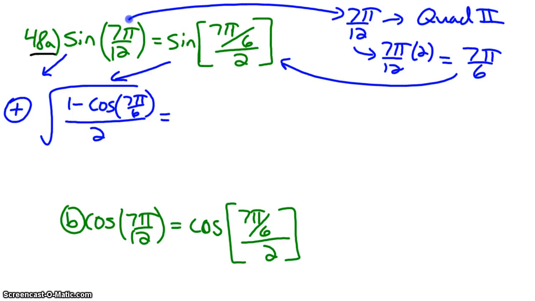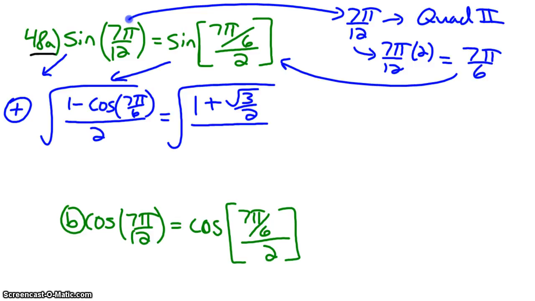Now, finishing up this problem, I really need to change my cosine of 7 pi over 6 into negative radical 3 over 2. Now 7 pi over 6 is in quadrant 3, which for the cosine will be negative. So negative negative gives me a positive.